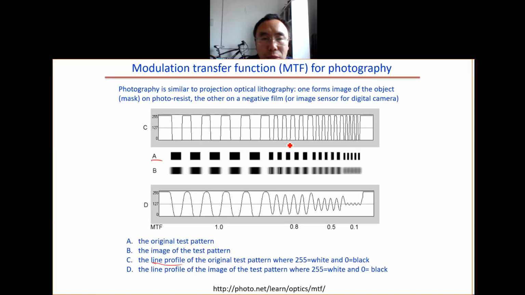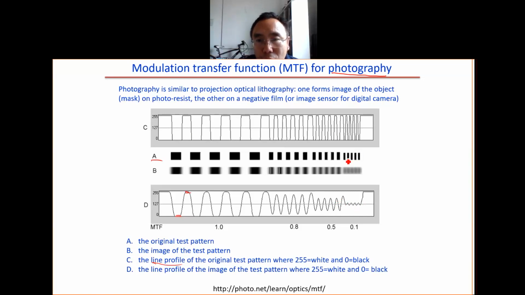It's perfect. B is the image after the photography. You can see it got blurred, and this is the light intensity. Here it's okay, we can still have the maximum like 1, minimum like 0. But when the lines get closer and closer, you can see the contrast becomes smaller and smaller. This is the idea of the modulation transfer function.